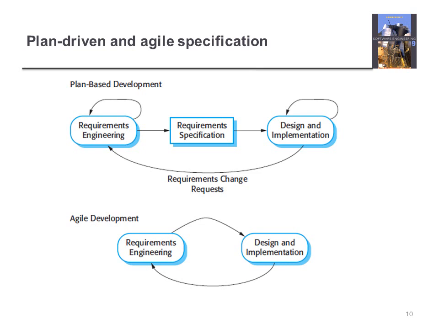If the requirements are changed, we need to go back to the requirements engineering process and produce a new requirements specification and so on. So you can see in the requirements engineering and design implementation there's iteration within the process. Yes, it could happen in the plan-based development.